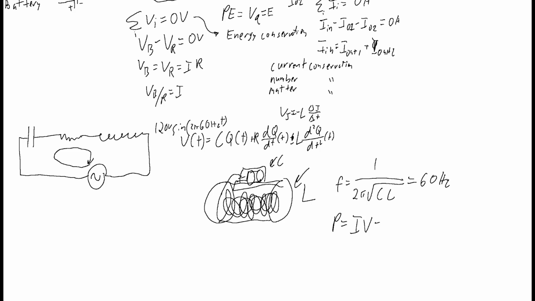So instead of having, say, some amount of current I naught sine omega t, the voltage will be V naught cosine omega t.